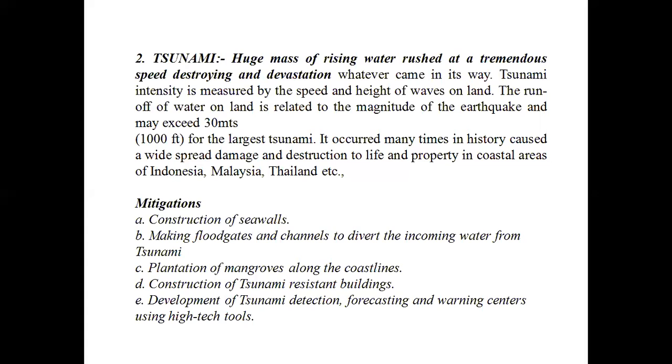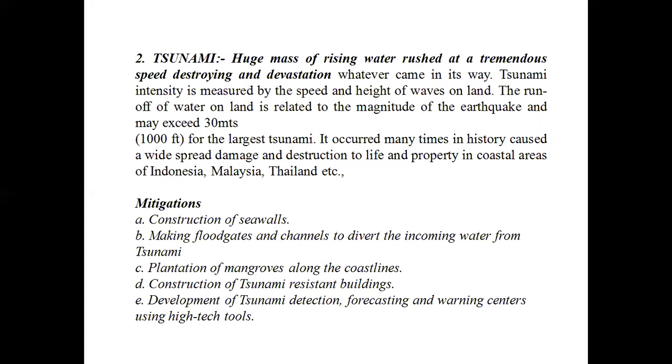You also know about the tsunami: a huge mass of rising water rushing at a tremendous speed, totally devastating the entire area nearby. Tsunami intensity is measured with the speed and height of the waves on the land, particularly. The runoff of the water on land is related to the magnitude of the earthquake and may exceed 30 meters, that means 100 feet, for the largest tsunami.